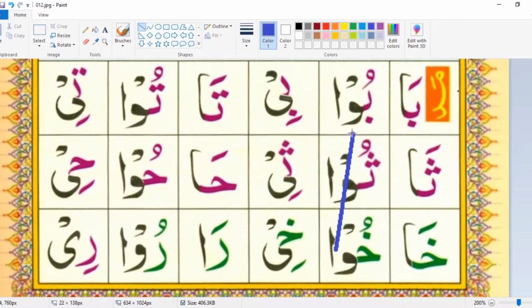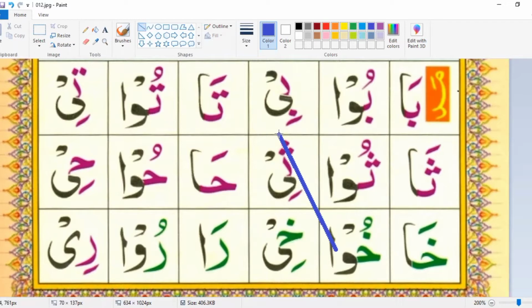And whenever the letter before Waw Sakin has got Dhamma, Waw becomes Waw Maddah. And whenever the letter before Ya Sakin has got Kasra, Ya becomes Ya Maddah.